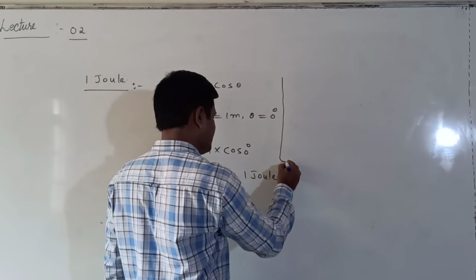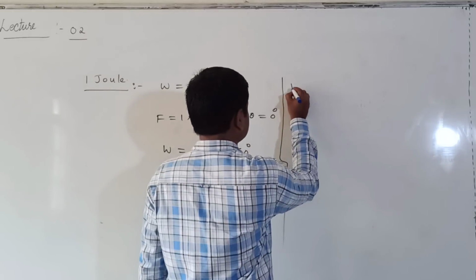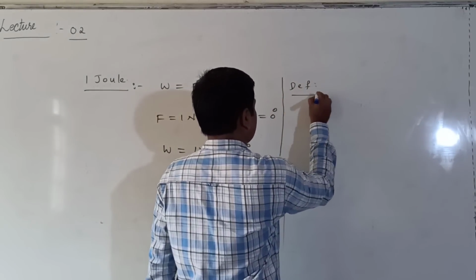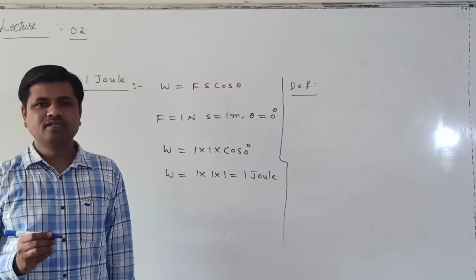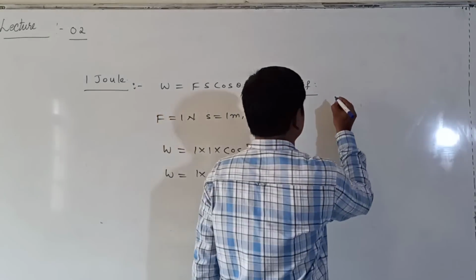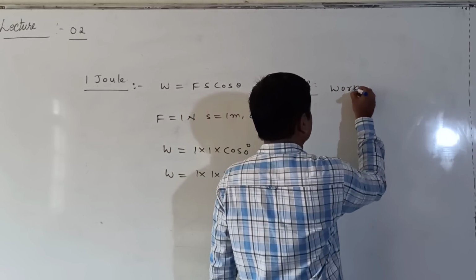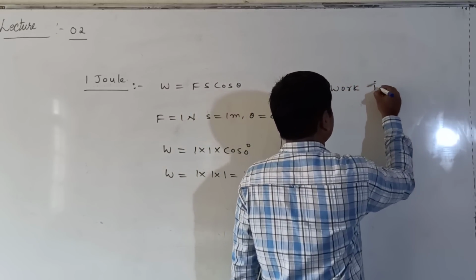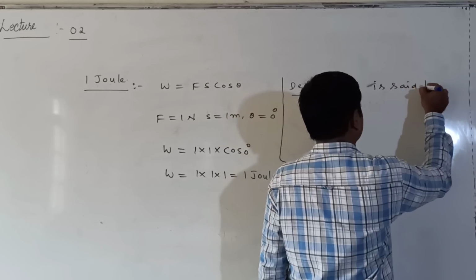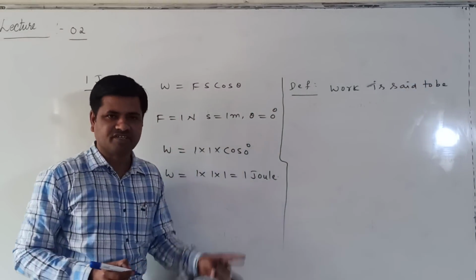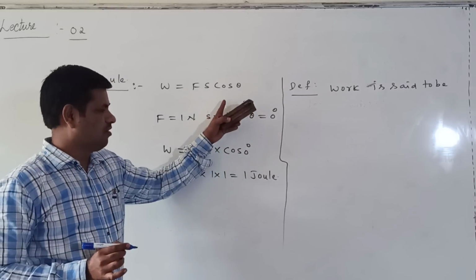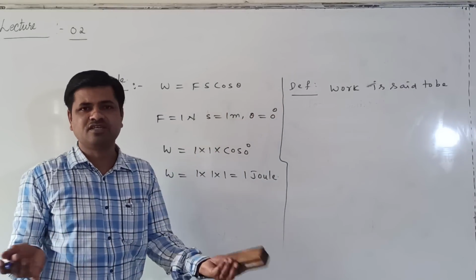Now how do we give the definition from this? I am writing the definition here. What is the definition of the joule? 1 joule can be defined as follows. I am giving this definition using these equations. When you know the equations, you can give the definition easily.